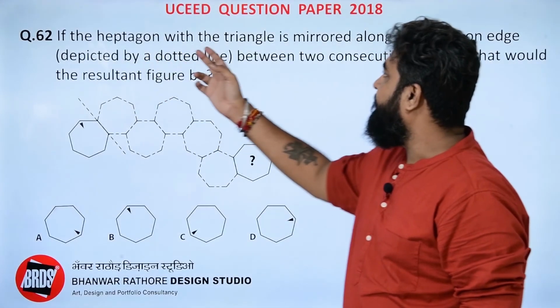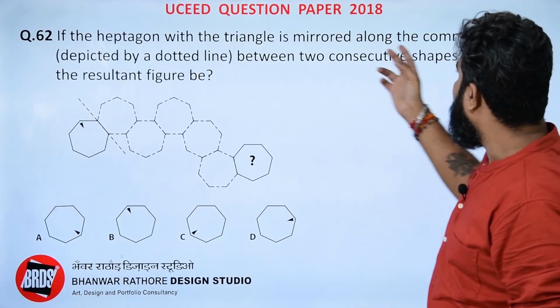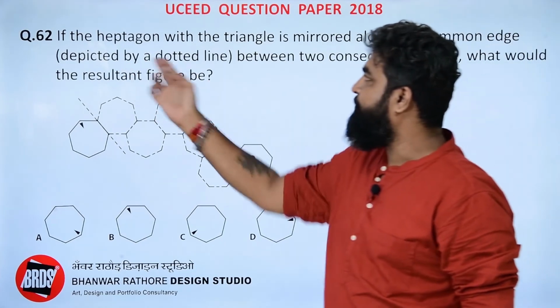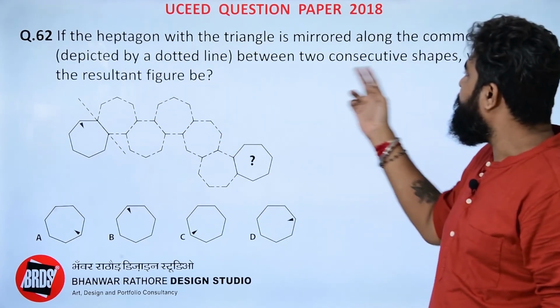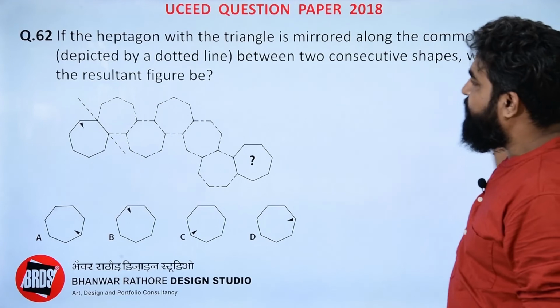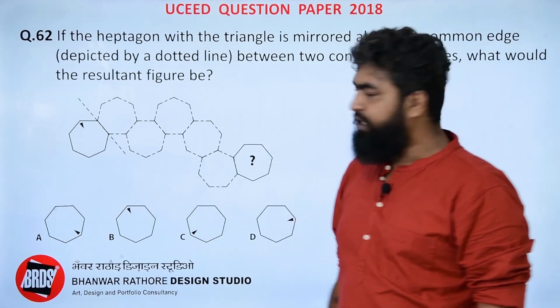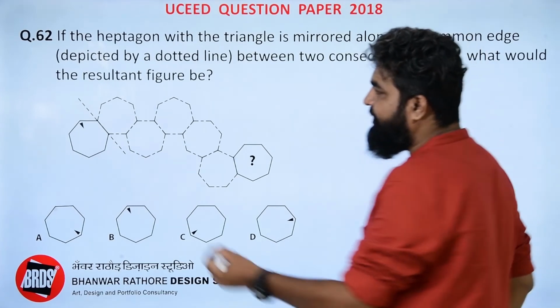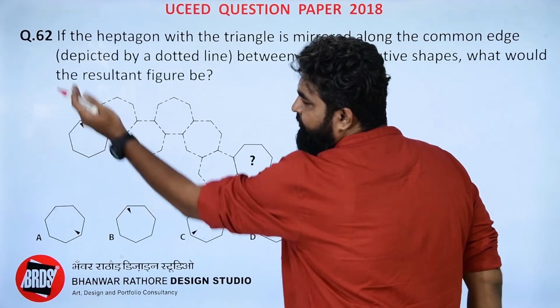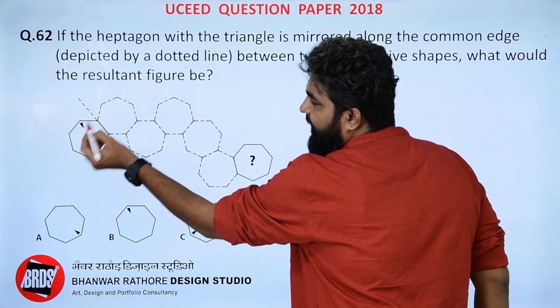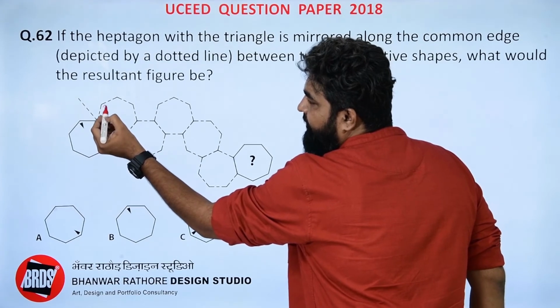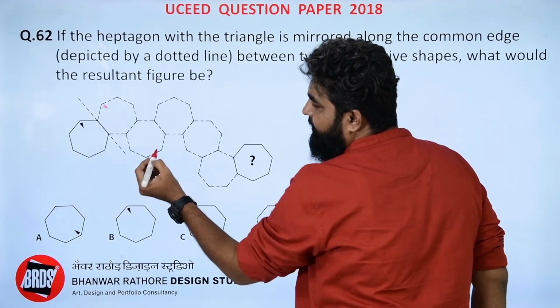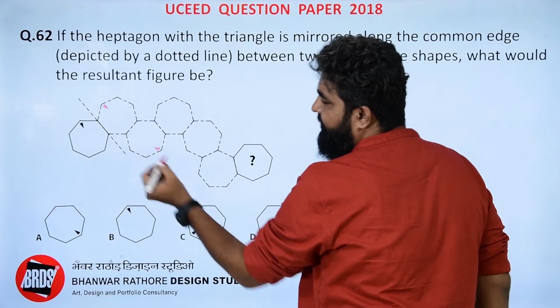If the heptagon with the triangle is mirrored along the common edge depicted by a dotted line between two consecutive shapes, what would be the resultant figure B? Here you have to observe and understand how the mirror comes. If we mirror it through this axis, this triangle should come on this side, then the mirror of it will come on this side.